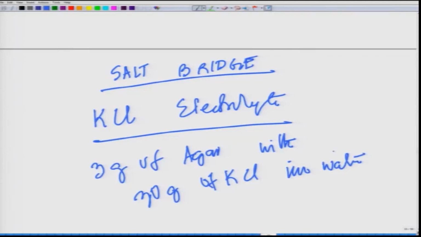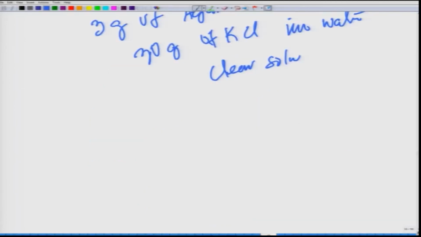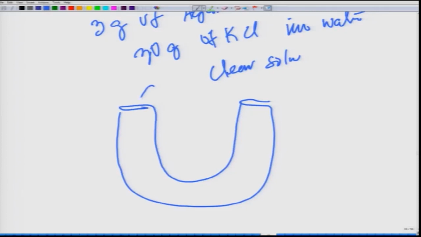You prepare this till you obtain a clear solution, and the solution is poured into a U tube to allow it to gel. So, this is how you prepare these kinds of salt bridges.